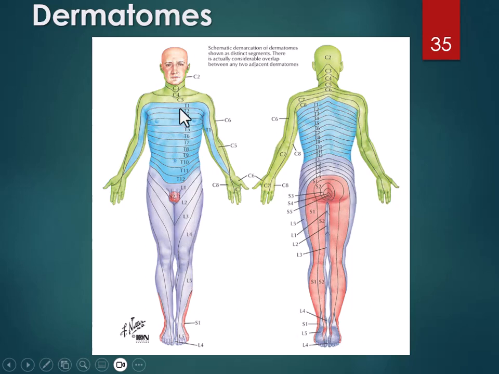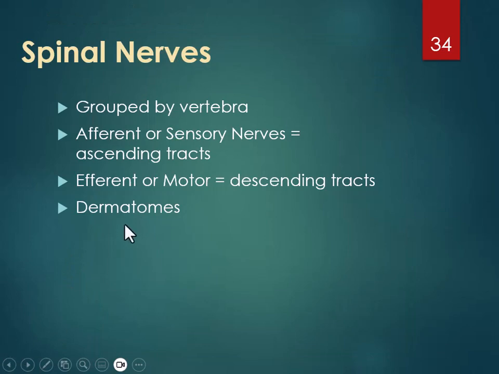Okay, so you can kind of see that if you had a back injury down at T4, everything below that is not going to work because you've cut the spinal cord or broke your back at that point. If the spinal cord is severed or damaged, everything below that's not going to work. Right? So dermatomes are the region that a spinal nerve controls or innervates.